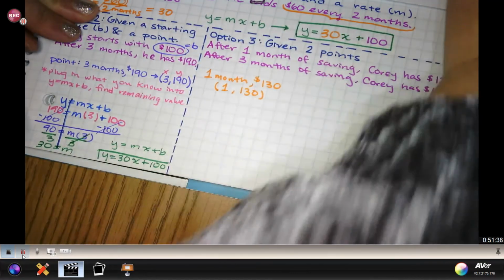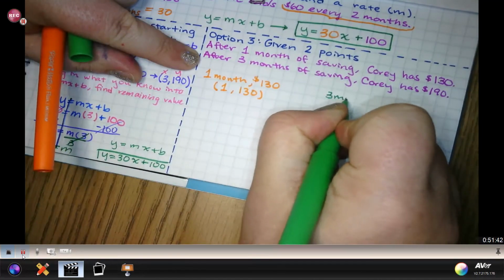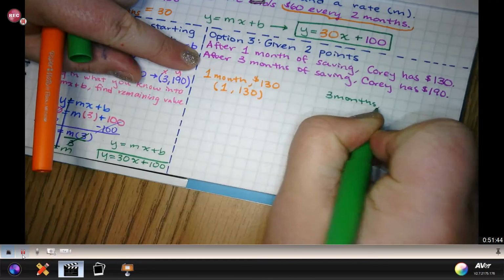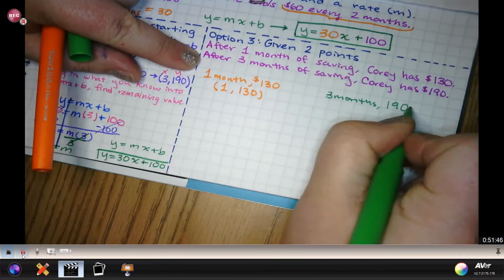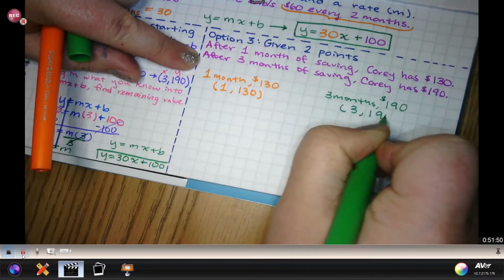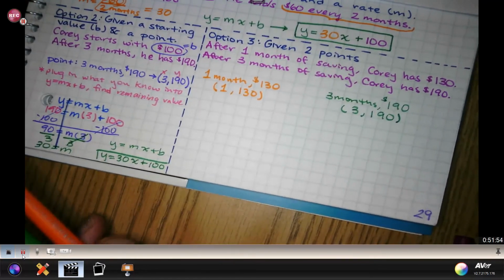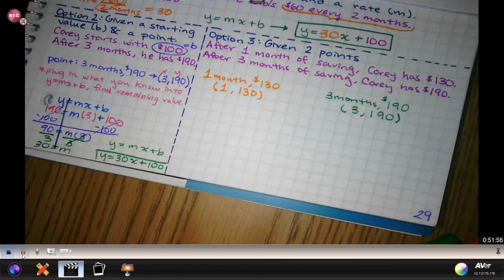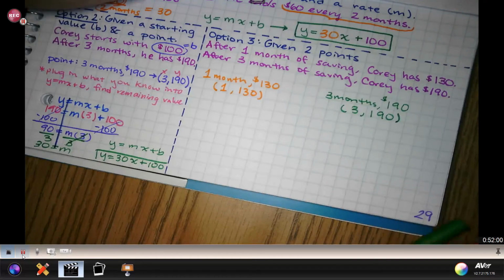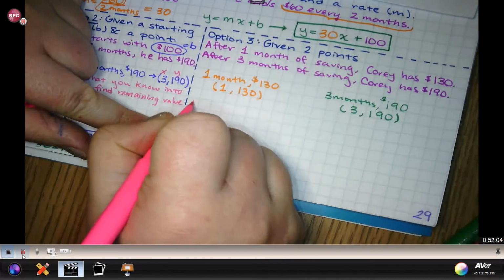Then I have, after 3 months, Corey has $190. So that gives me the point (3, 190). Okay, and so from here, I can use the slope formula to find slope.